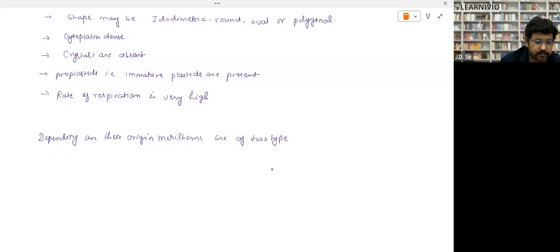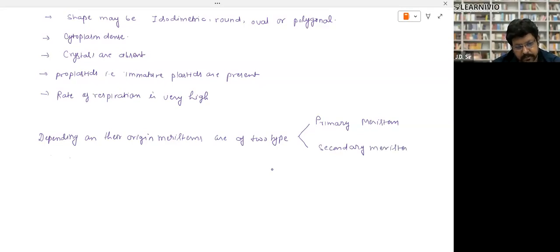Two types: primary meristem and secondary meristem. Right. So what is the primary meristem? What is the secondary meristem? First, the primary meristem.